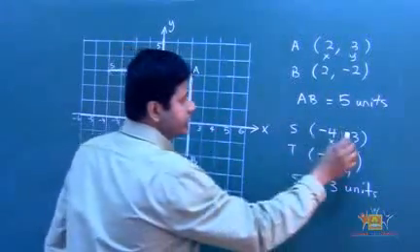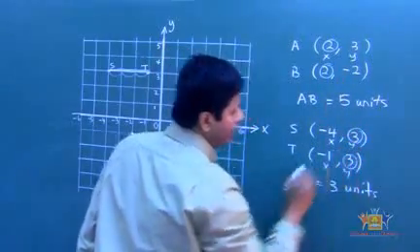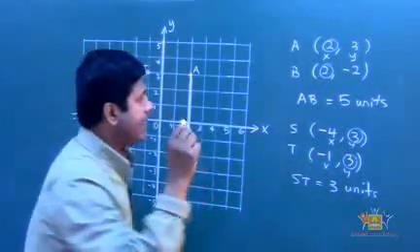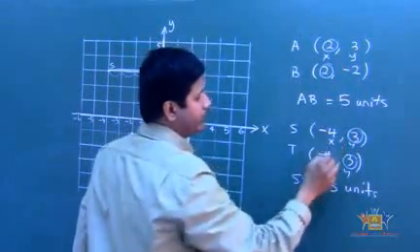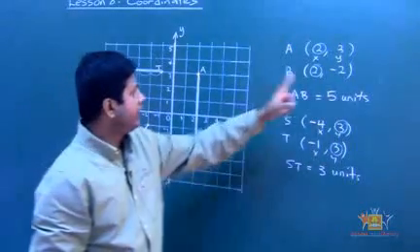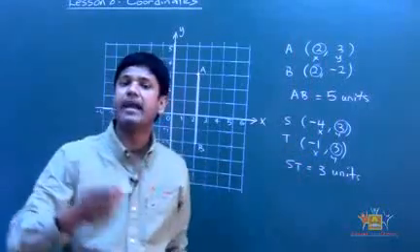So once you see this identical value, like the 2 and 2, or 3 and 3, when you're asked to find the distance of 2 points, take the difference of the opposite one, and that's the length. Alright? Take the difference. Either the X side or the Y side has to be identical.